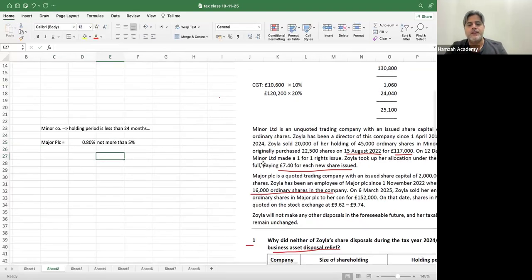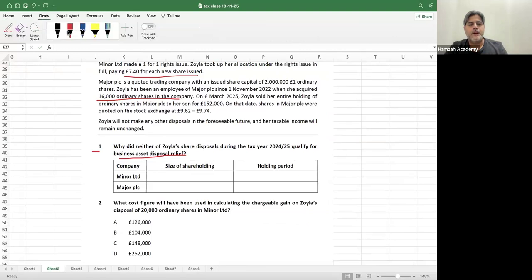So technically speaking, for Minor Limited, this is the holding period issue, and for Major PLC, this is the size of the shareholding, right? So that is why Zoila has not been able to claim business asset disposal relief over here, right?